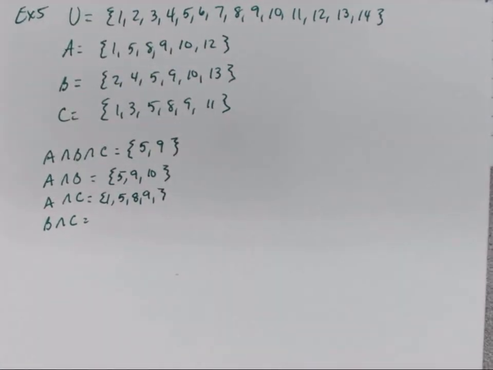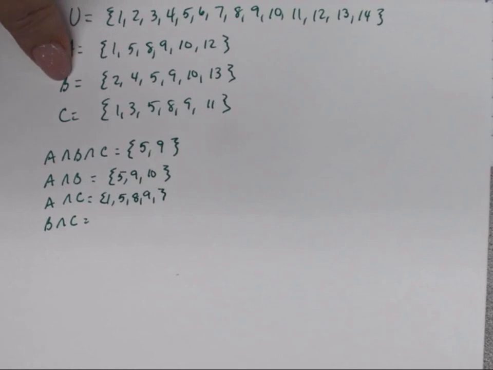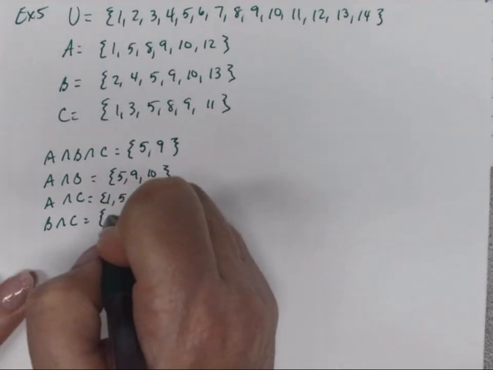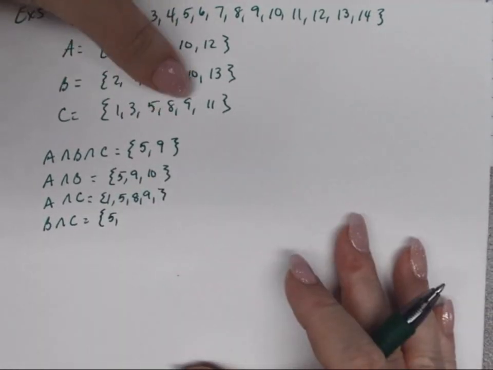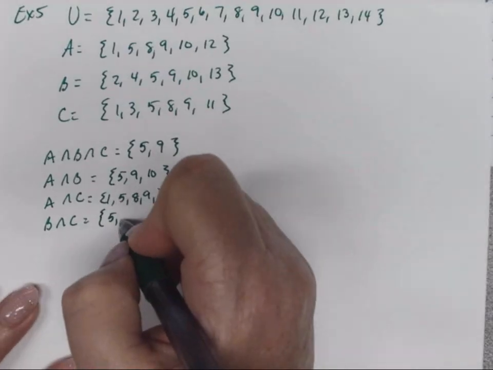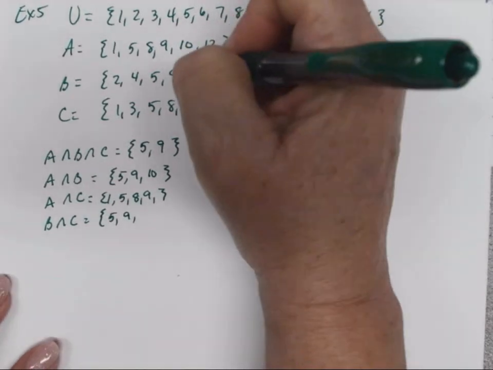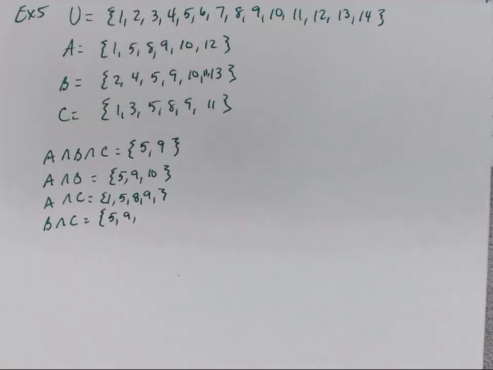All right, and let's look at B and C. So they don't both have 1 or 2 or 3 or 4, they both have 5. They both have a 9. And I'm going to add 1 up here. I'm going to put an 11 inside of that. It doesn't change anything we've done so far.